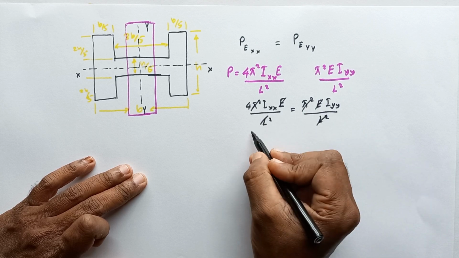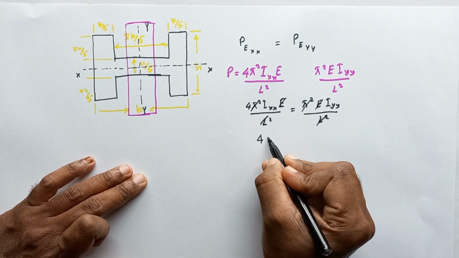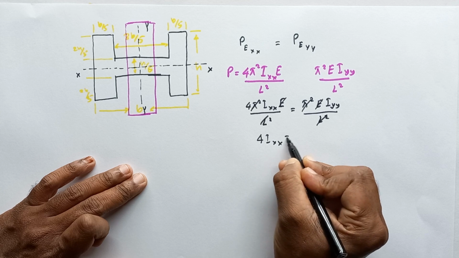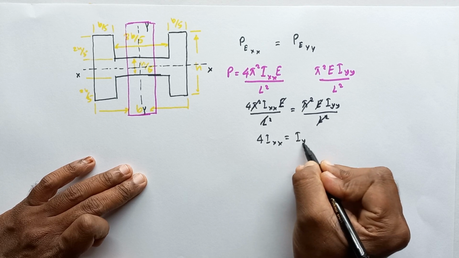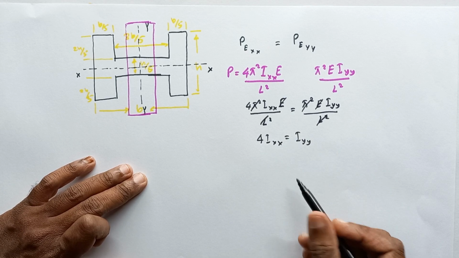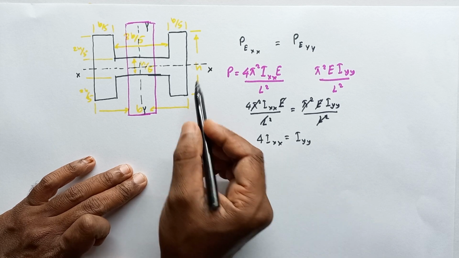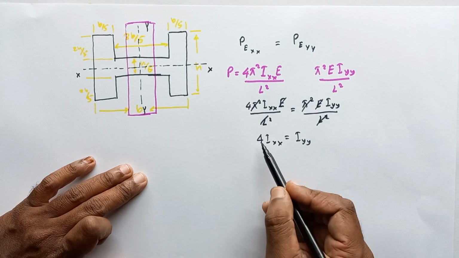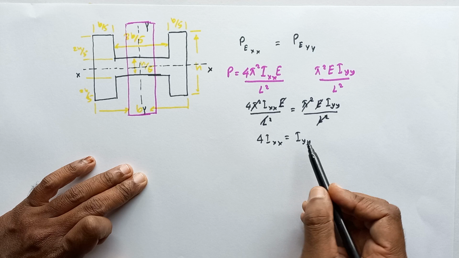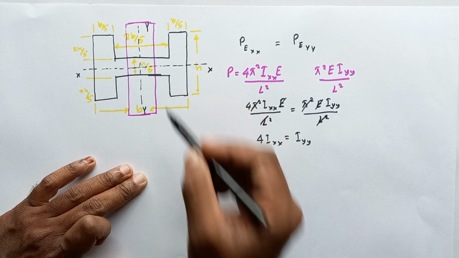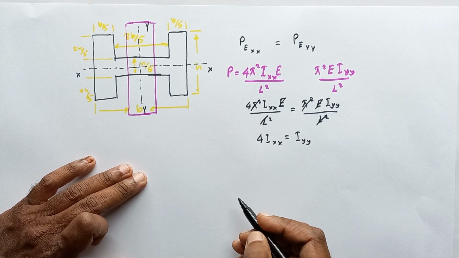Then finally we are left with this equation: 4 Ixx is equal to Iyy. In that way we have to select the parameters H and B. The 4 times Ixx should be equal to Iyy. In that way, we have to select the B divided by H ratio.